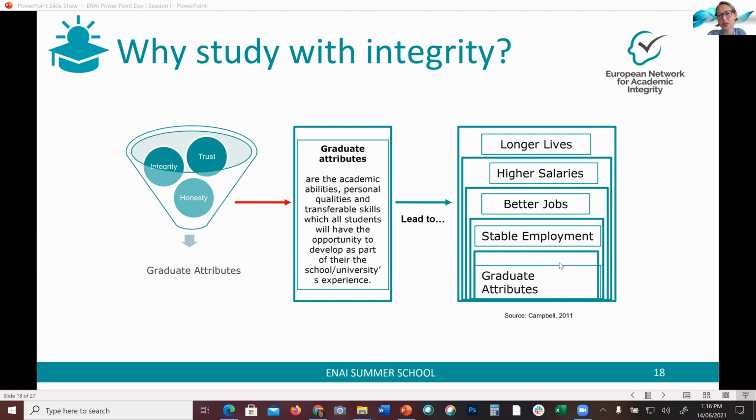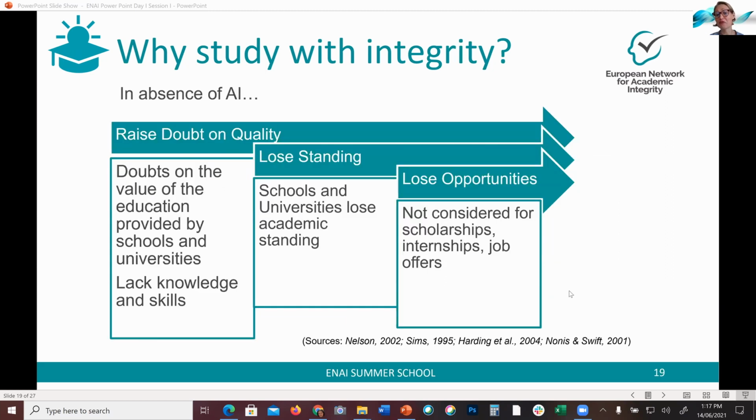Because again, research shows that if you do not act with integrity as a student, there is a high probability that it will transform later in your professional life, probably in your family life, probably in your other social interactions.